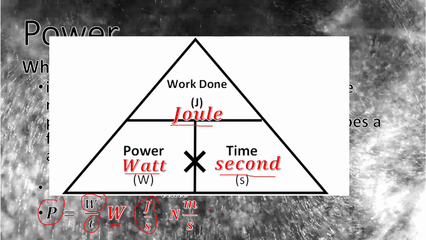And the other derived unit is Newton meter per second. Newton meter is another unit for work. So work is also equal to force times distance. So force times distance over time is power, and this is the base unit for power.